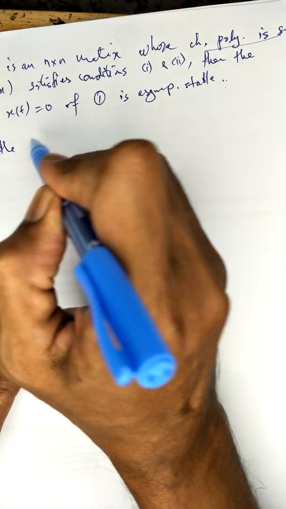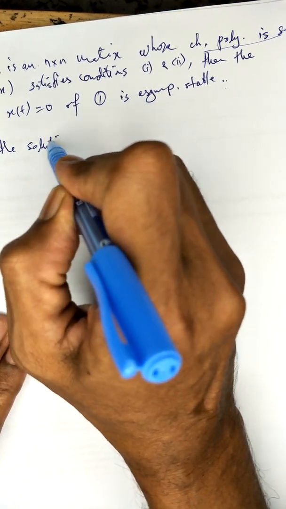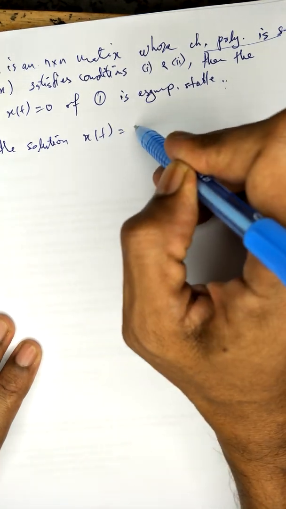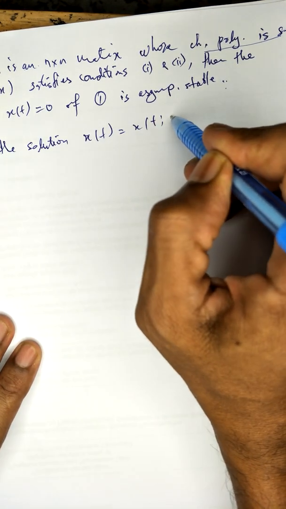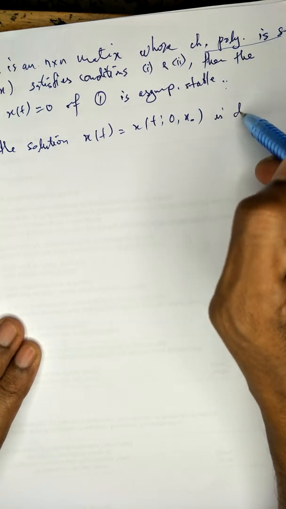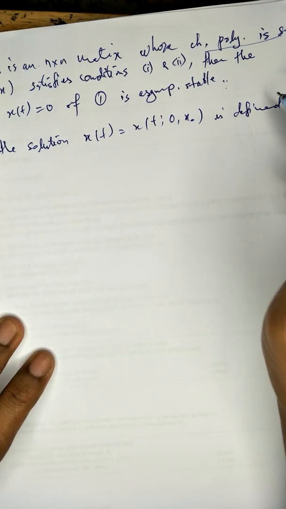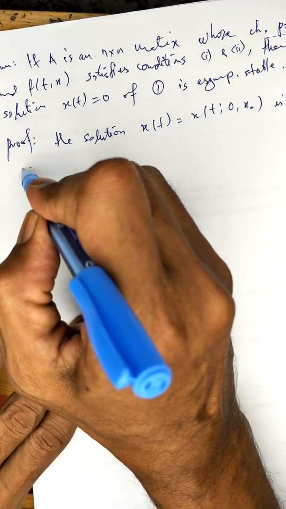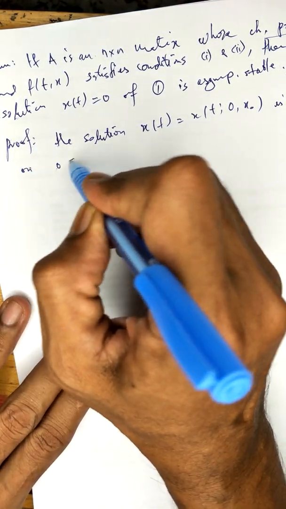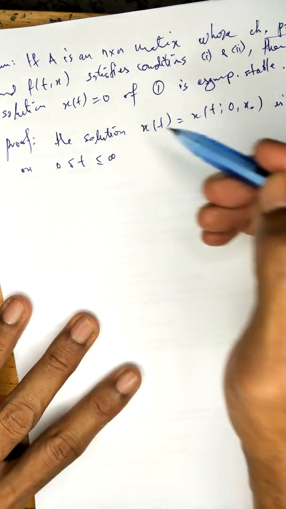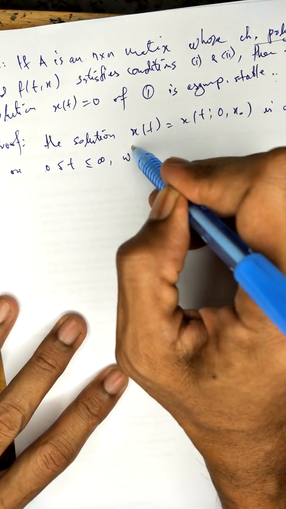We first show that the solution x(t, 0, x naught) is defined on 0 to infinity when x naught is near 0.